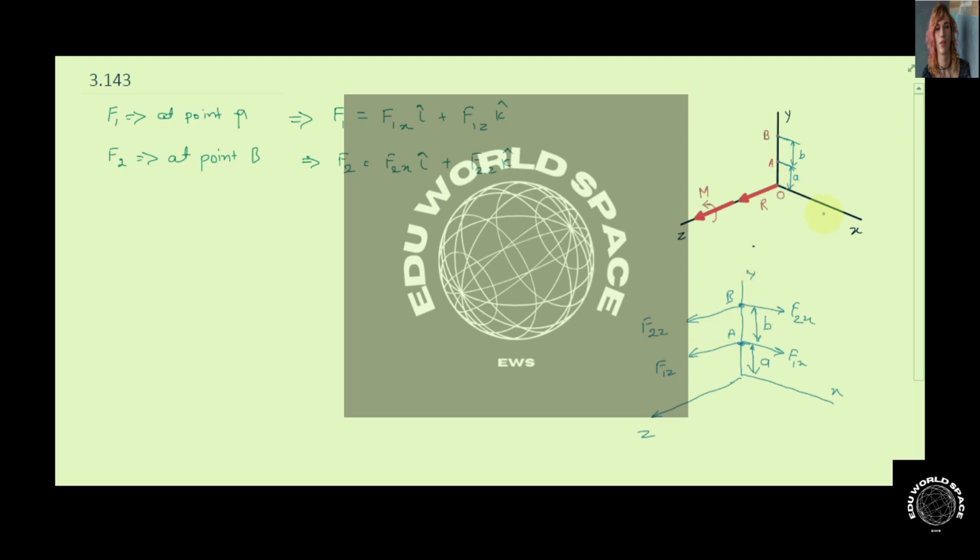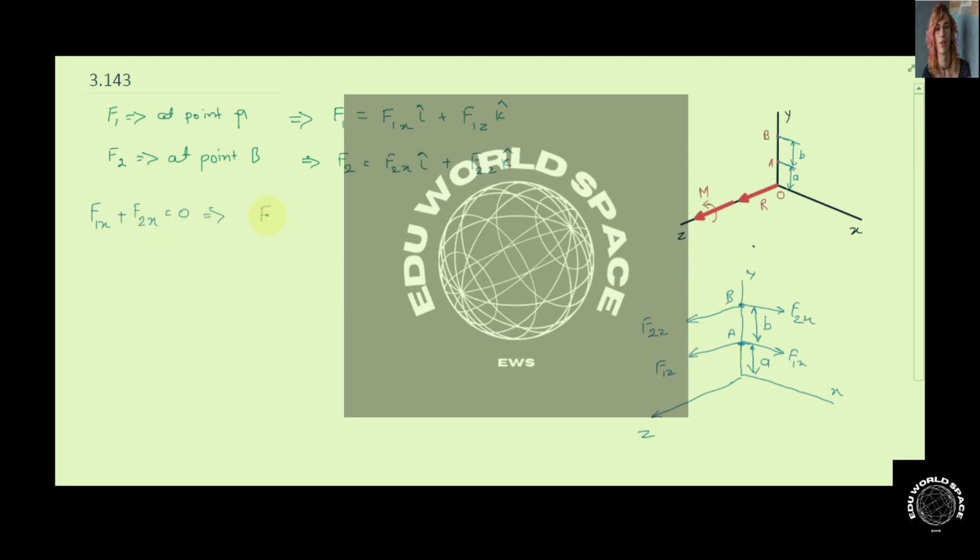So we see here that the only force is along z axis. It means that the sum of the forces along x axis should be 0, and since there is no y component, we need not worry about the y component force balance. So for x axis direction we can write F1x plus F2x must be 0.